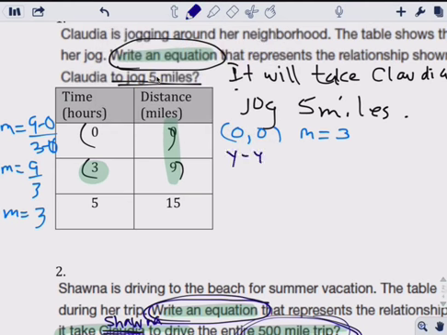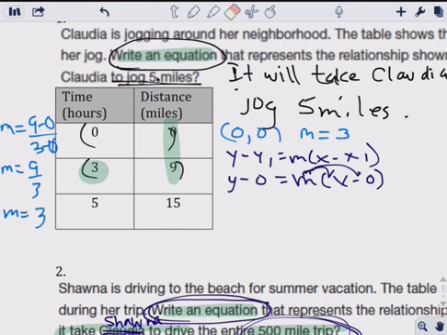y minus y1 equals m times (x minus x1). y minus 0 equals m times (x minus 0). Distribute. In place of m, we need to put 3.